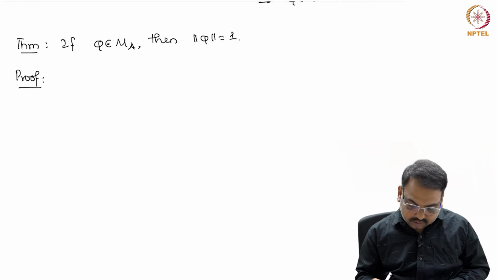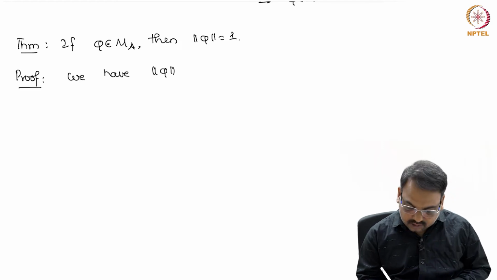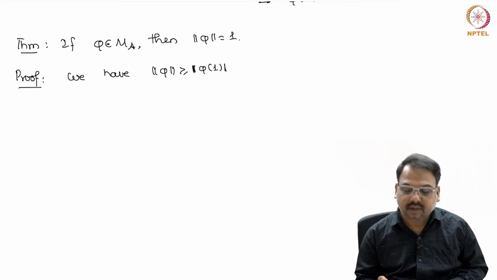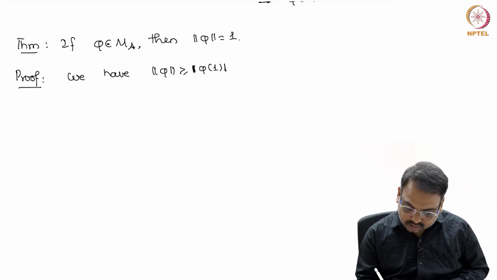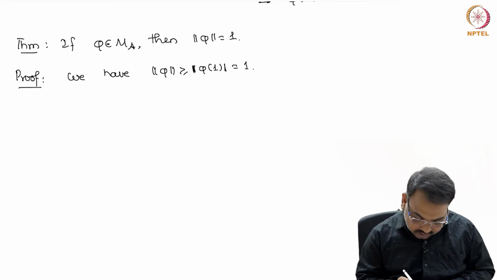So we have norm of phi is bigger than or equal to modulus of phi at 1. So this is 1. That means norm of phi is always bigger than or equal to 1.